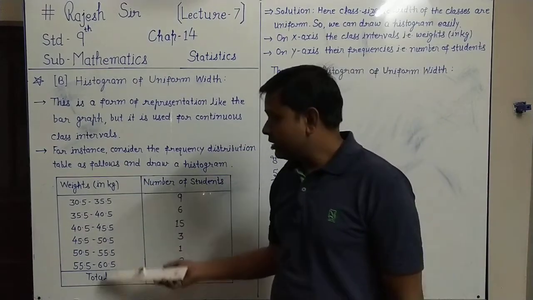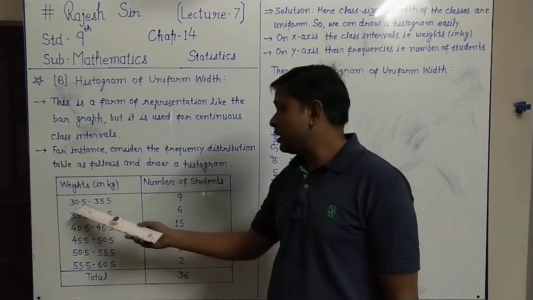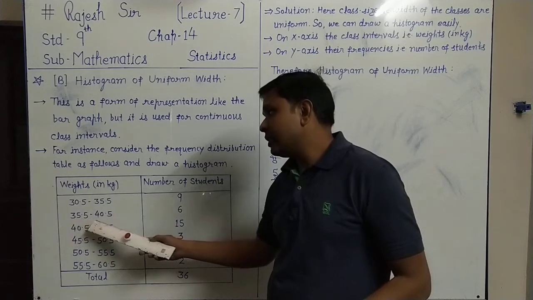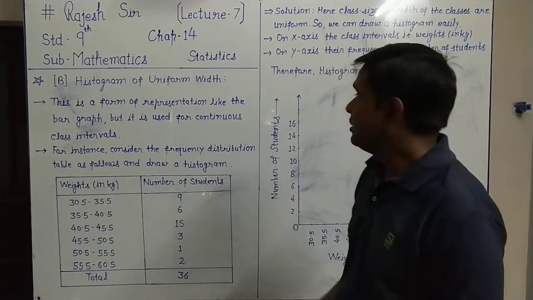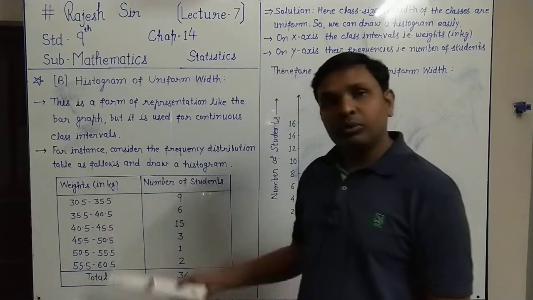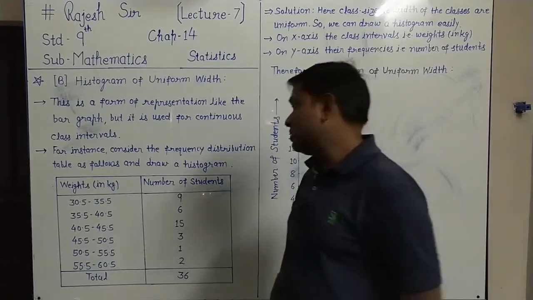Here you can see the weights are given in class interval form, and these class intervals are continuous. You can see one class ends at 35.5 and the next starts at 35.5, so the classes are continuous. So we will not draw a bar graph for this, we will draw a histogram.